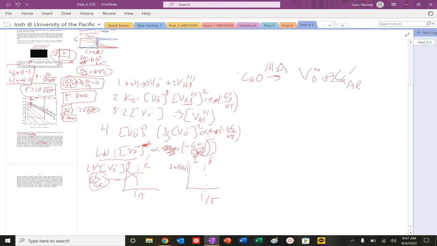So now that I have 2, 2, and then I need to have plus 2 oxygen, oxygen X. That is my reaction. Because I'm putting in the energy, there isn't a formation energy associated with this, or a negligible one. So I just need to do my charge balance. 2 is equal to CaAl minus 1. And then there is no relationship with temperature, so this is going to be flat.